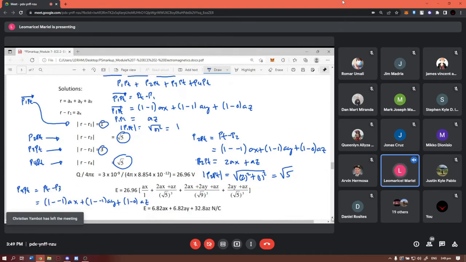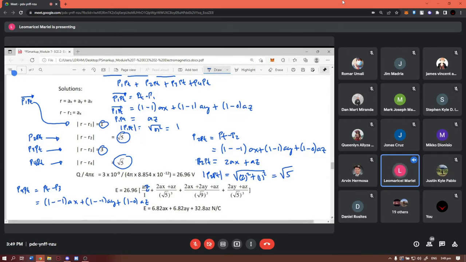So this will be AZ pala to, AZ. Yan. Kasi the vector P1 PT is AZ here. Then, yung ating over magnitude, ang magnitude niya ay 1. 1 cube is still 1. Nasusundan nito? AZ over 1 kasi 1 cube is still 1.